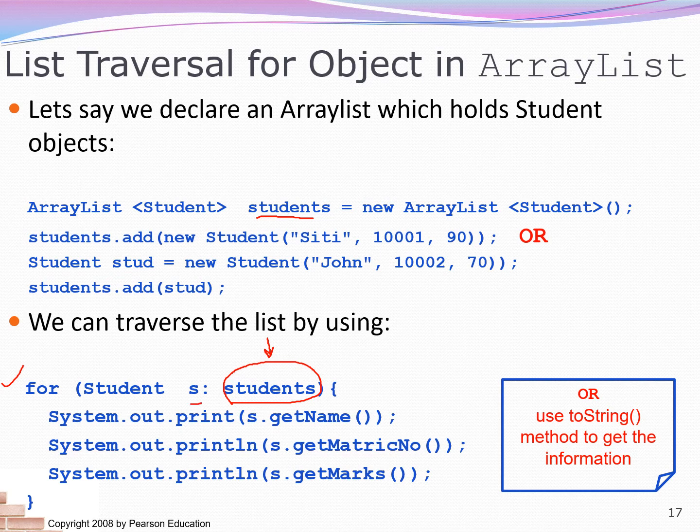And then S, it can be S, X, Y, or Z. This one will be the type of object inside the array list. So in here you can do system.out.println s dot get something. You want to access the data of the student one at a time, right? Or you can use the toString method.